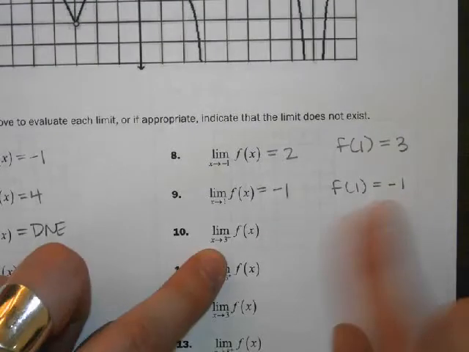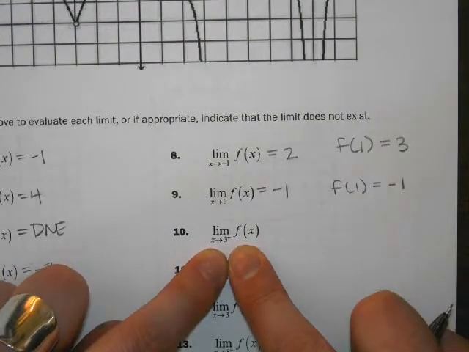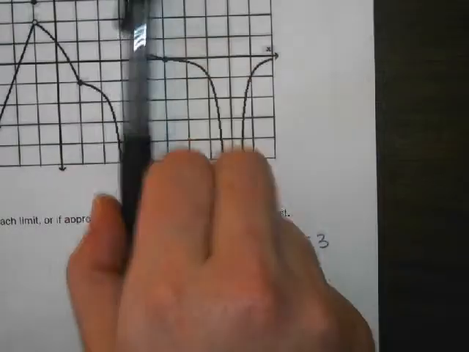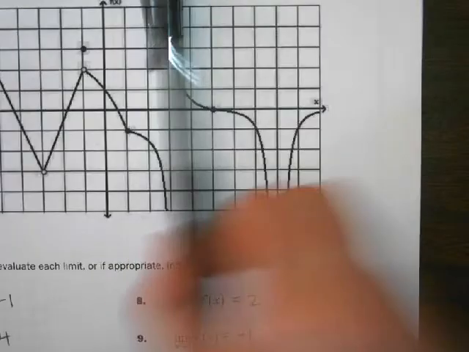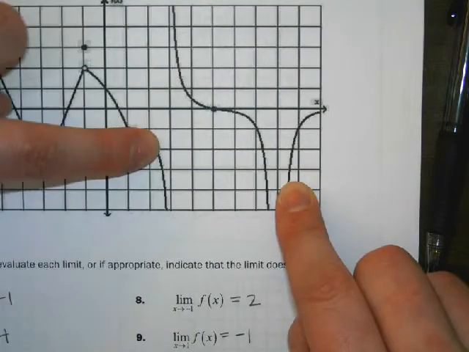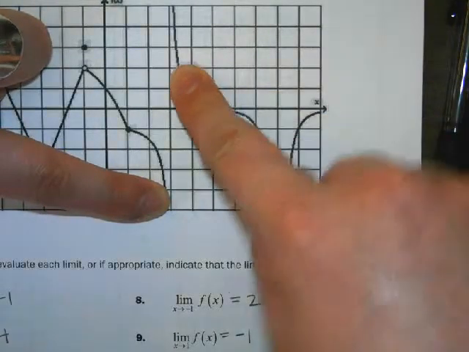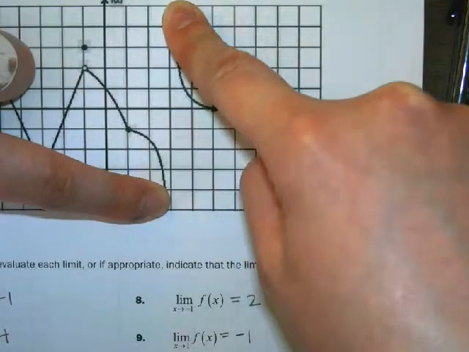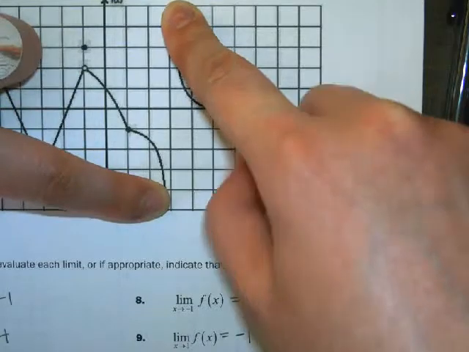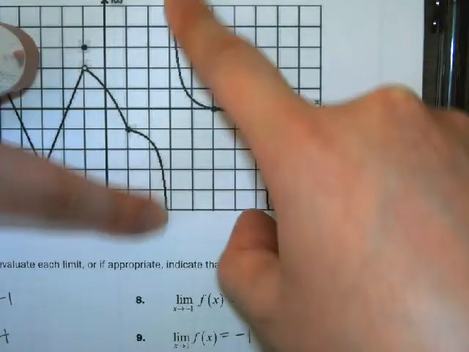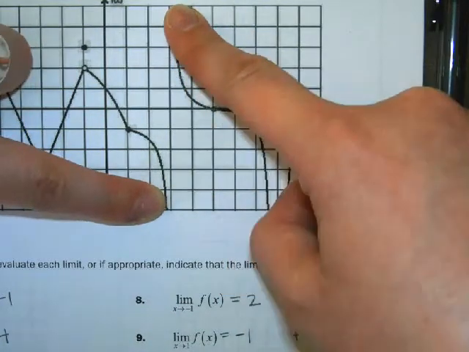All right. So next we're going to look at an x value of 3. So my x value of 3 is right here. There's my x value of 3. So if I get my left finger closer to 3 on the left side and my right finger closer to 3 on the right side, what's happening with my fingers? They're going to go further and further apart, right? What's happening at 3?